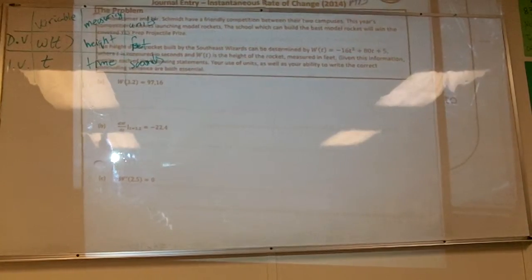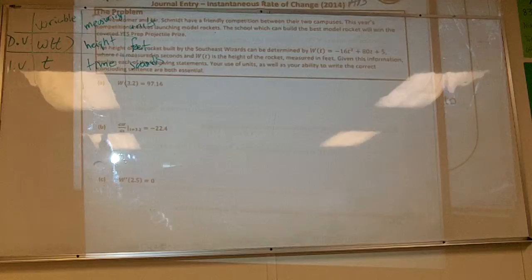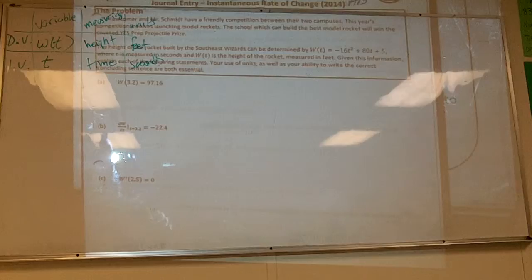That doesn't make sense. For C, is it staying constant? It's staying constant. It's on the ground, it's just 0, I guess. Or it could be in the air.